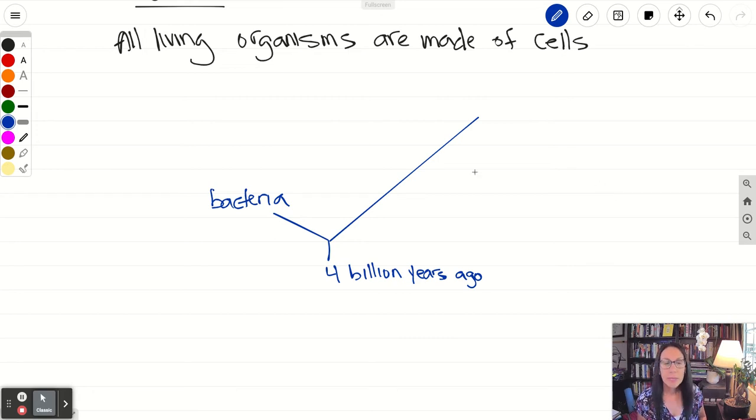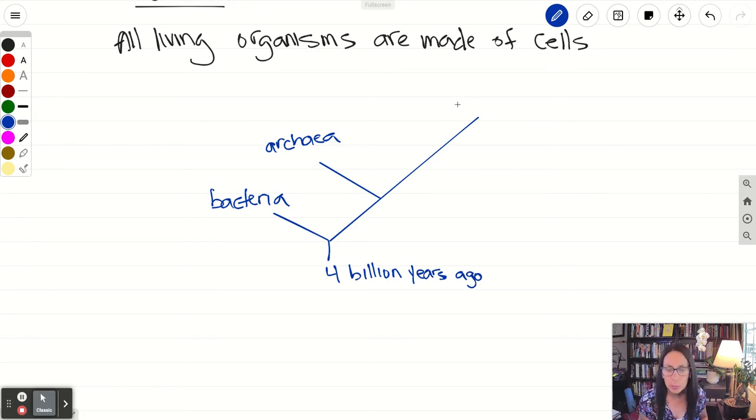Then another group formed, another type of cell, and these are called archaea. That's how you spell it. Archaea are also very, very simple. They are like bacteria in that they are simple unicellular organisms, but they have some differences in their cells, so they are put in a different category.